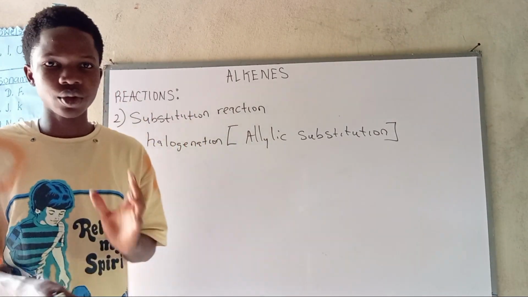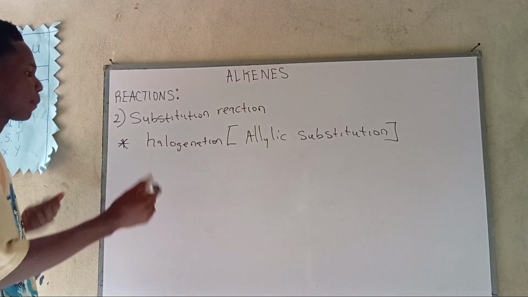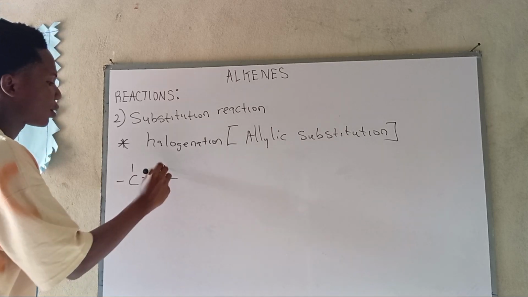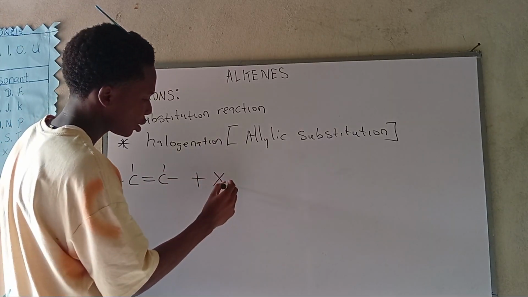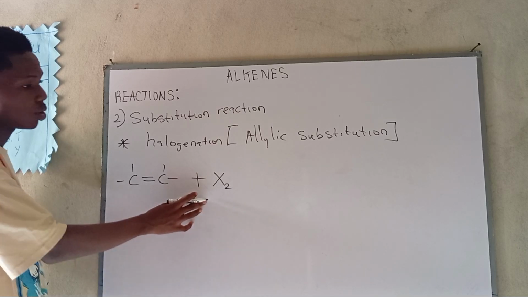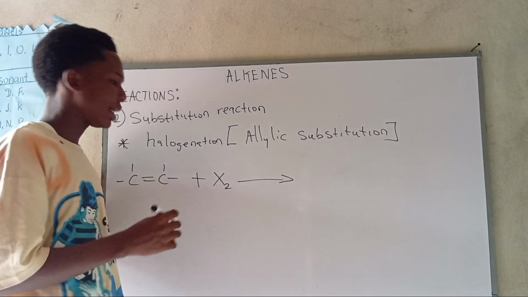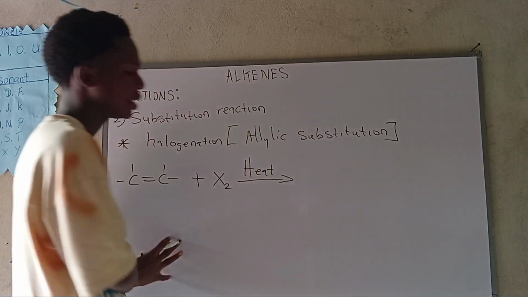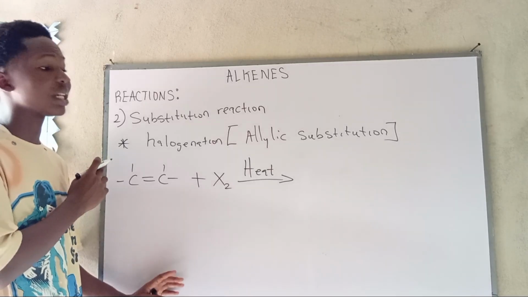So now let's write our general formula. First of all is an alkene. When an alkene reacts with a halogen, denoted with X, what will it give us? As I said earlier, there is addition of heat. That's the difference between the other one and this one, which is a substitution reaction.